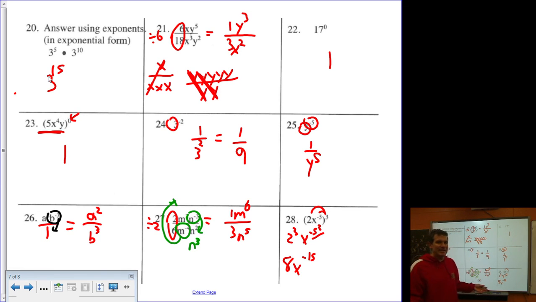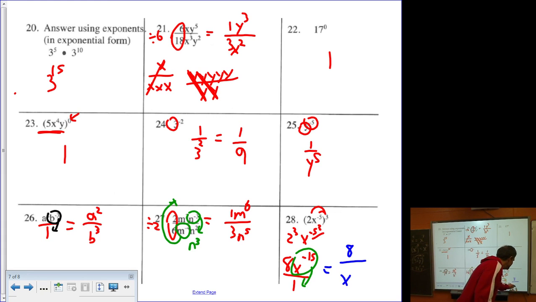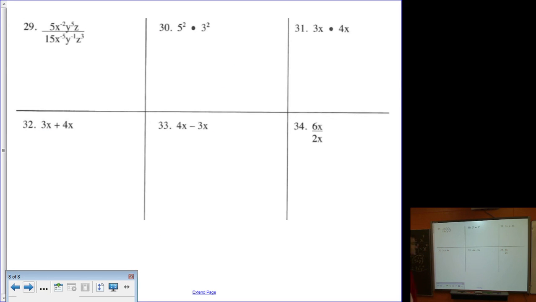But then I can't have a negative exponent in my answer, so I'm going to make this thing into a fraction by putting it over 1. And I'm going to take the part that has a negative exponent and move it to the bottom. So my final result would be the 8 stays on top, but the x to the 15th moved to the bottom. And finally, the last 6.